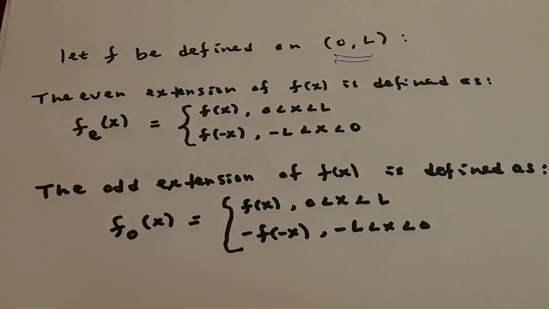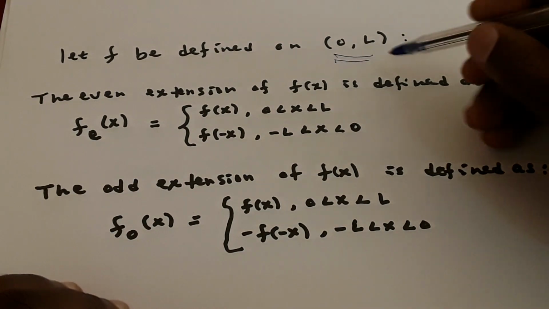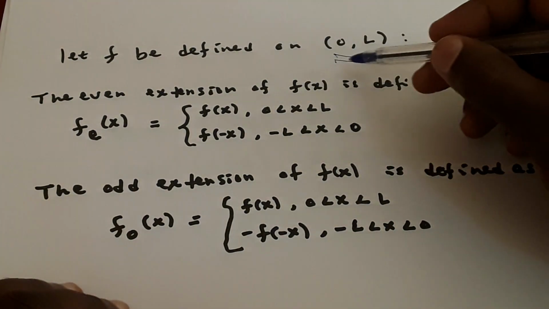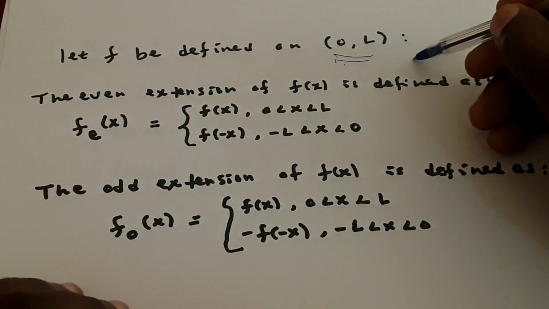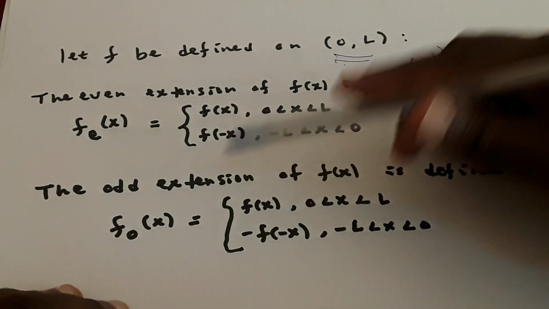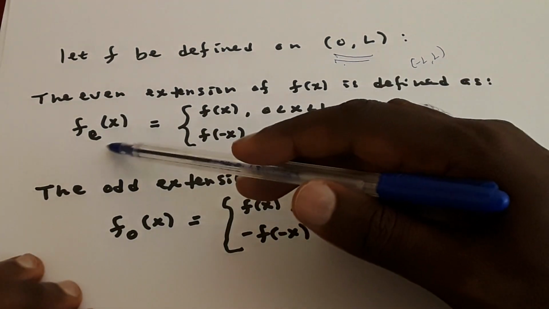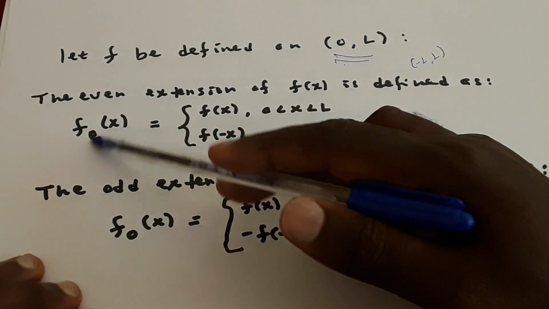So the even extension of f of x is defined. We need to extend to minus L to L. Though the function is defined on 0 to L, we can extend to minus L to L as an even extension or odd extension. When you come to the even extension, we have fe, where we denote the even extension fe of x.